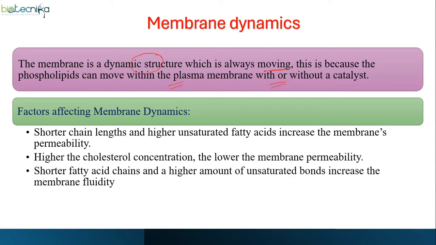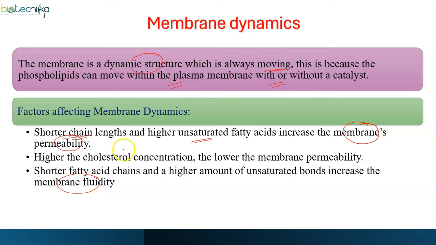So what are the factors that can affect this kind of membrane dynamics? Remember, if there is a shorter chain length or shorter fatty acid chain with a higher number of unsaturated fatty acids, in that case you will find that membrane permeability as well as membrane fluidity will be increased.